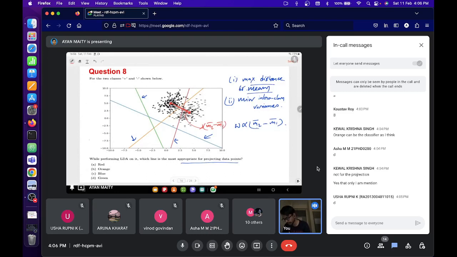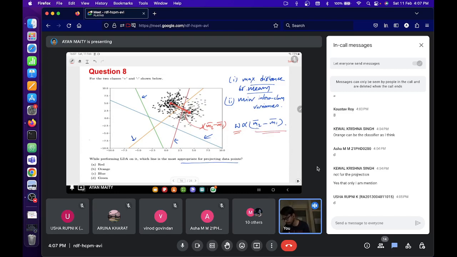It is the red line joining the 2 centers of the 2 classes. This is the vector that represents m2 bar minus m1 bar, and W, the direction of the projection line, should be proportional to m2 bar minus m1 bar.